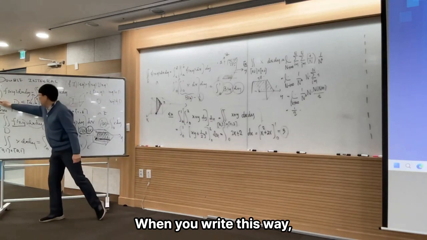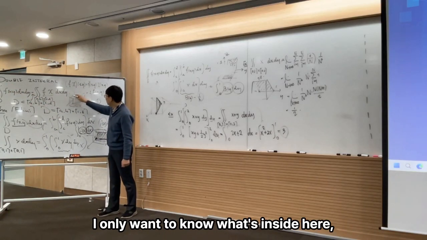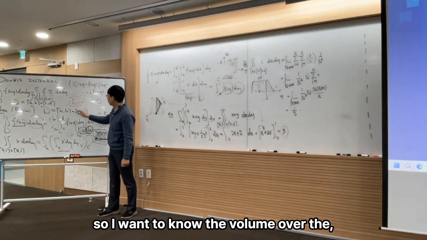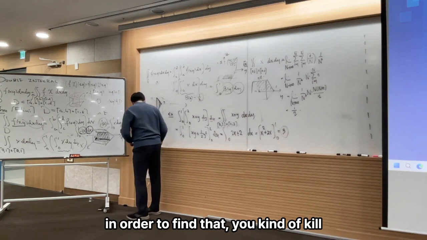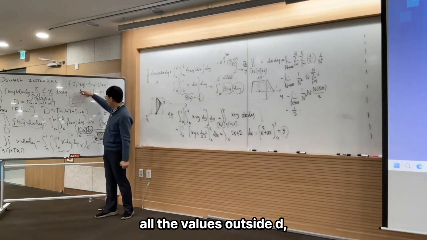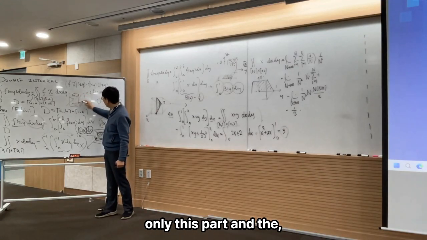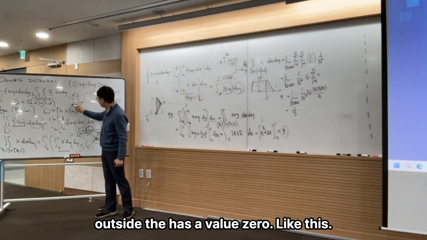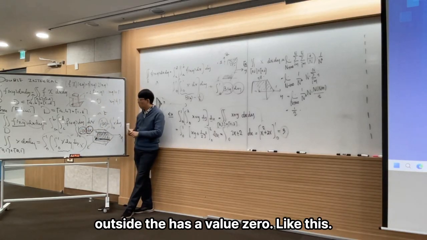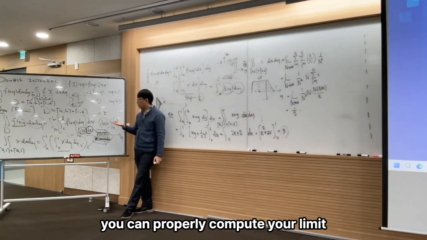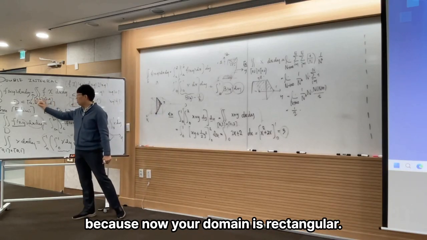When you write it this way, I don't care about outside of D. I only want to know the volume over the region D. So in order to find that, you kill all the values outside D, leaving only this part, and all the other parts outside D have value 0. In that way, you can properly compute your limit, because now your domain is rectangular.